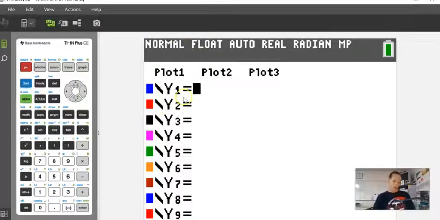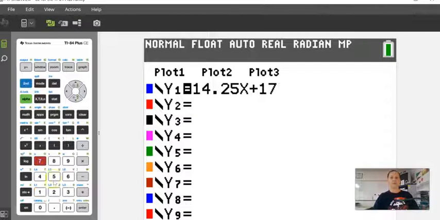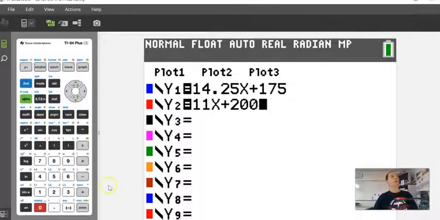So y1 will be 14.25, then your x is right next to the green key, plus 175. Arrow down to y2. We're going to put that second equation in there: 11, and then an x, plus 200. If you need to borrow a graphing calculator, come bring me your phone.